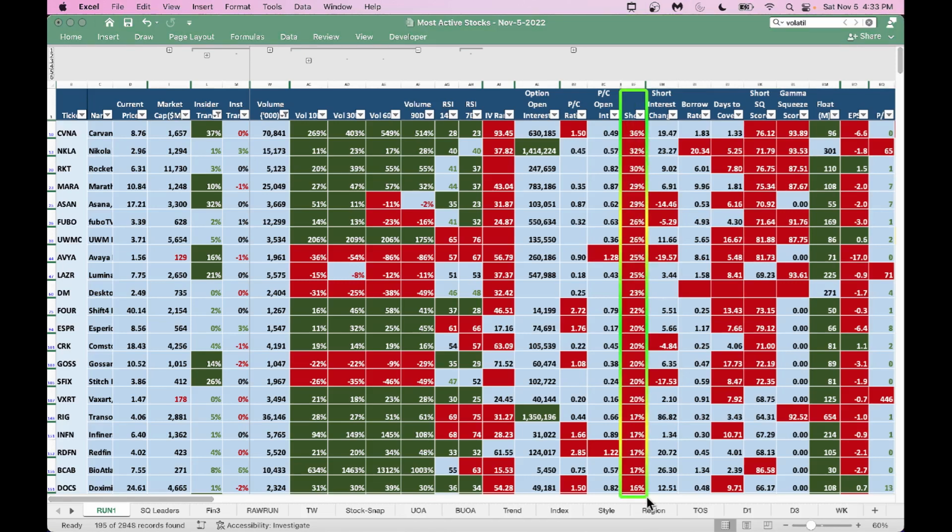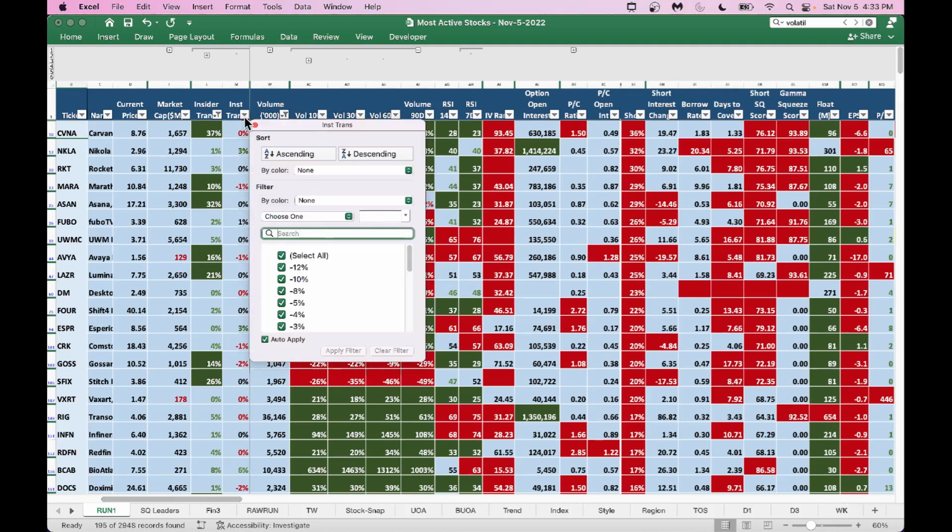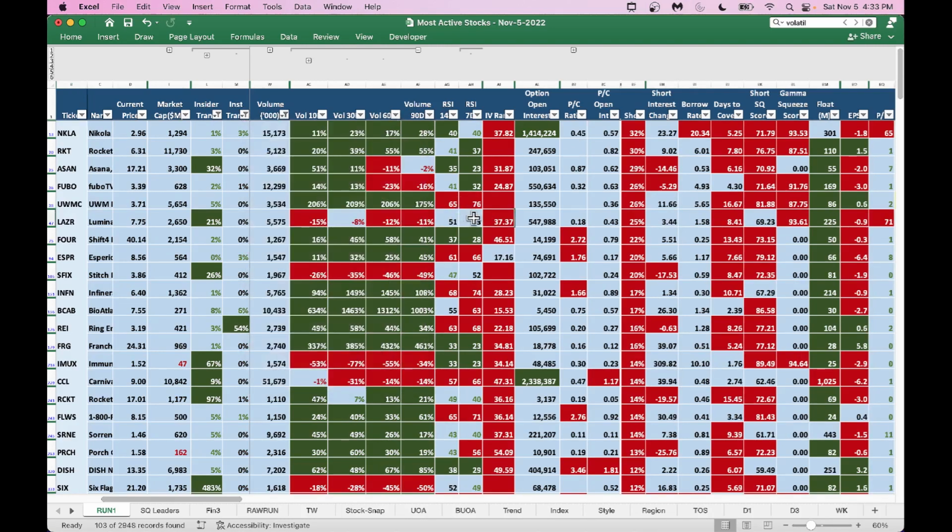And you could also do one thing. In addition to insider buying, you could also filter by institutions buying, so that way you can look at the stocks which institutions are at least not selling. So if I go to institutions here and say greater than 0, now we will see insiders are buying, institutions are buying, and also the stock has got a very high short ratio.